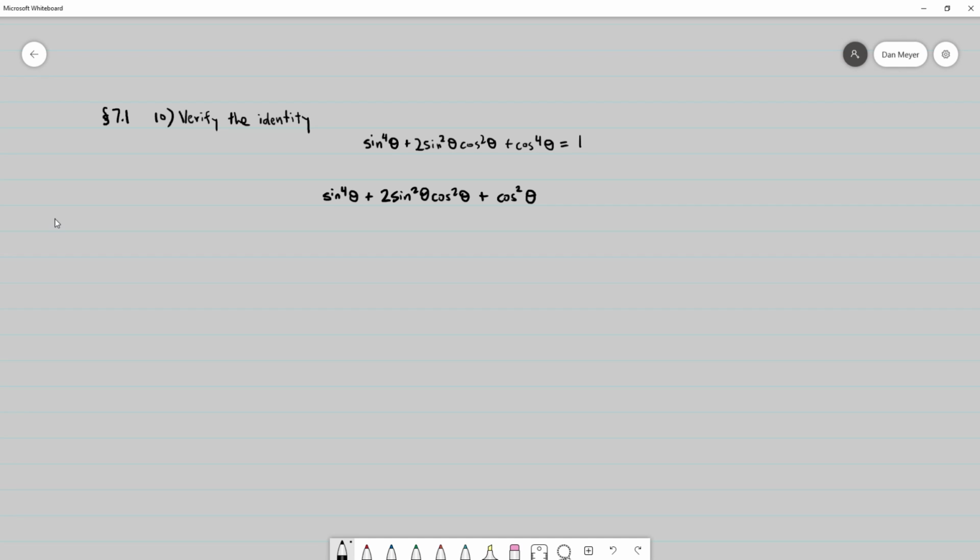The perfect square trinomial is basically, if you take a binomial and square it, you get a squared plus 2ab plus b squared. So our left-hand side here has exactly that form. Oops, this is supposed to be cosine to the 4th.